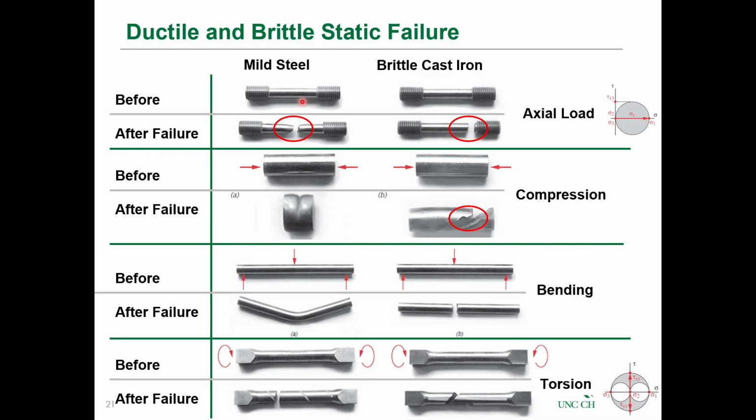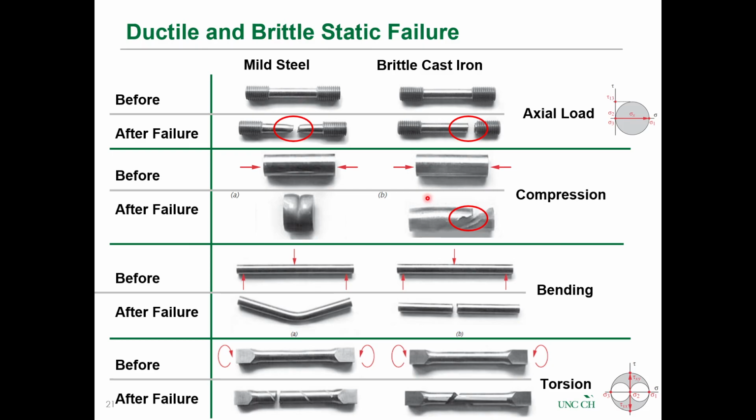If we look at the compression for the brittle material in the compressive test, it actually fails in shear in this case. We saw that the failure mode was between the shear and principal stresses, and for tension it fails in the principal mode, and then in compression it fails in the shear mode.